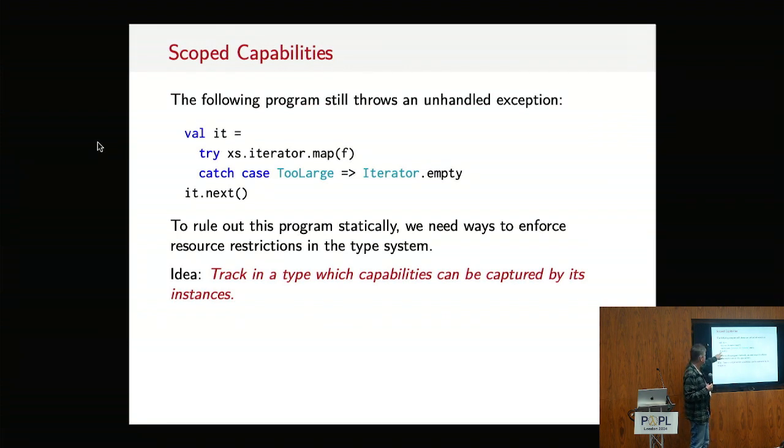And of course, at that point, there will be no longer a handler for this exception, and what I get is an unhandled exception. So that's the catch. If I do these things with capabilities, I need to know about the lifetime of capabilities, and I need to reflect that in the type system. It's kind of like laziness. Iterator and lazy would be the same. I could also return a closure here.